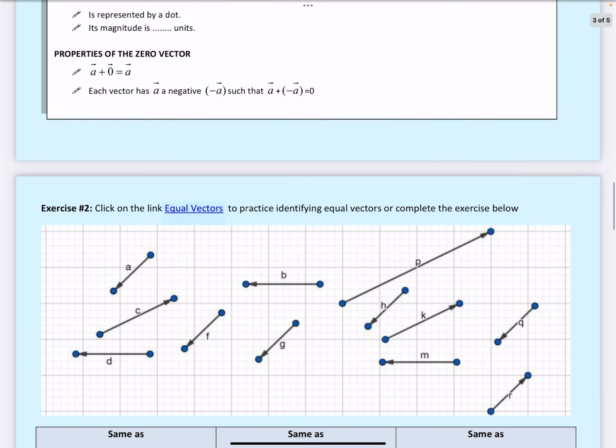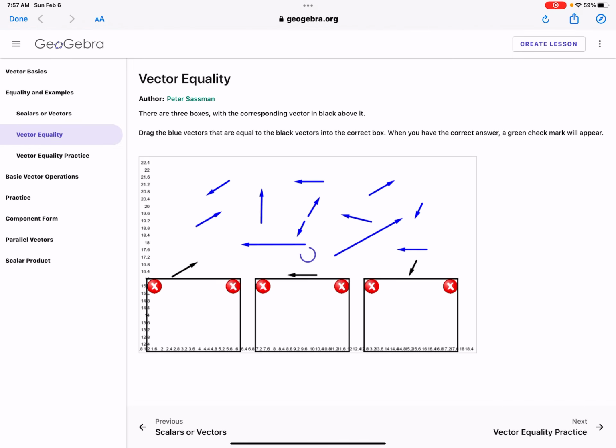And then we'll complete the exercise on the handout. So again, this activity is produced by the same teacher, Mr. Peter Sassman. And we have a bunch of vectors, the blue vectors in here, and we want to check and see which vectors are equal to the first and which ones are the second, and we'll have to drag them accordingly. So this vector here, I'm going to put it right on top of this vector.